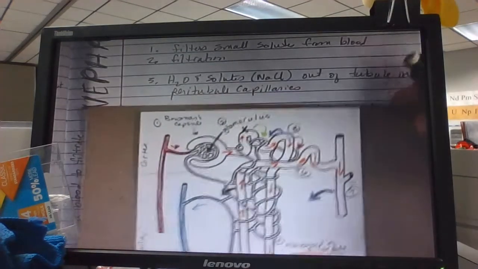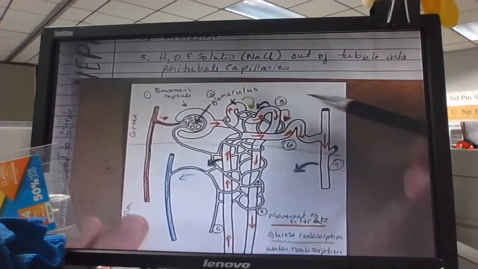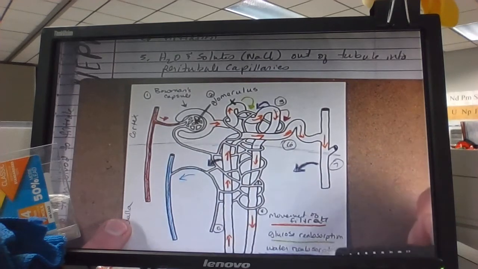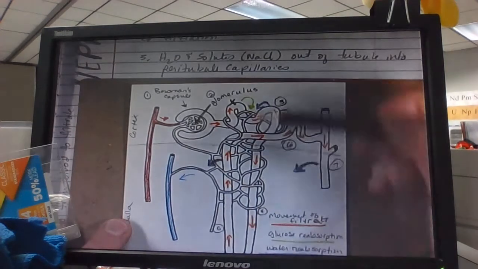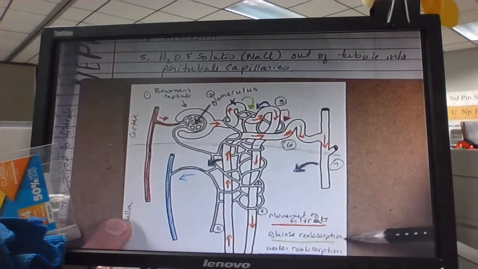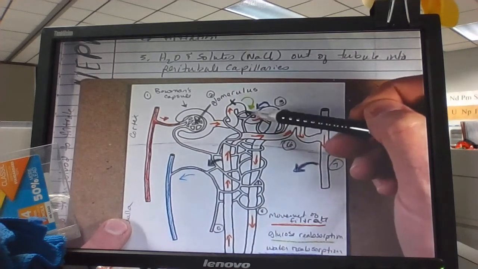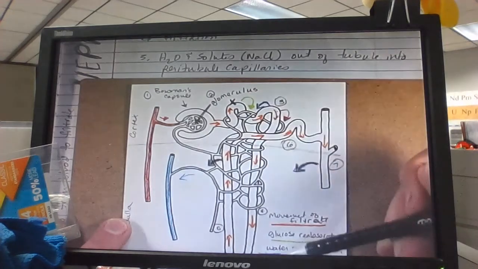All right, number 3. Number 3 is right here. And so I have the purple represents water reabsorption, and the green represents glucose reabsorption. So reabsorption, remember, means going from the filtrate back into the blood vessels. So these smaller little tubes, those represent blood vessels.